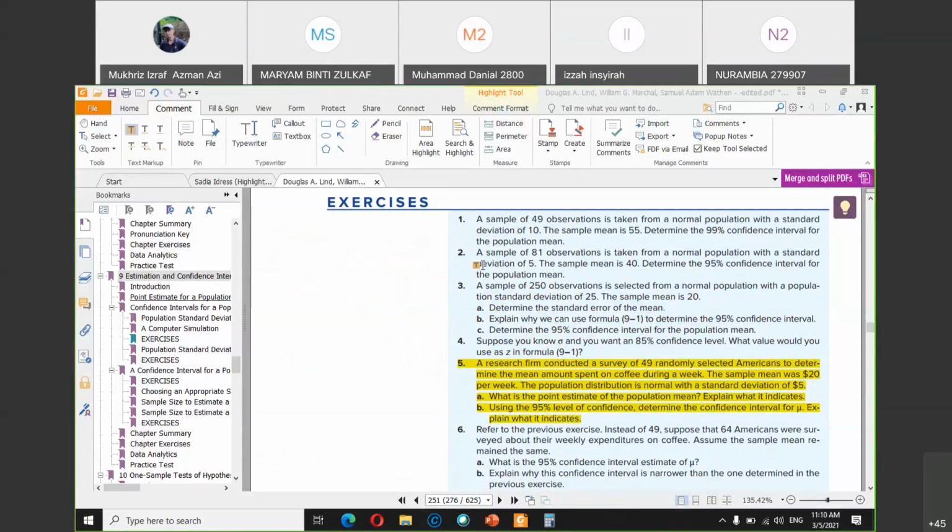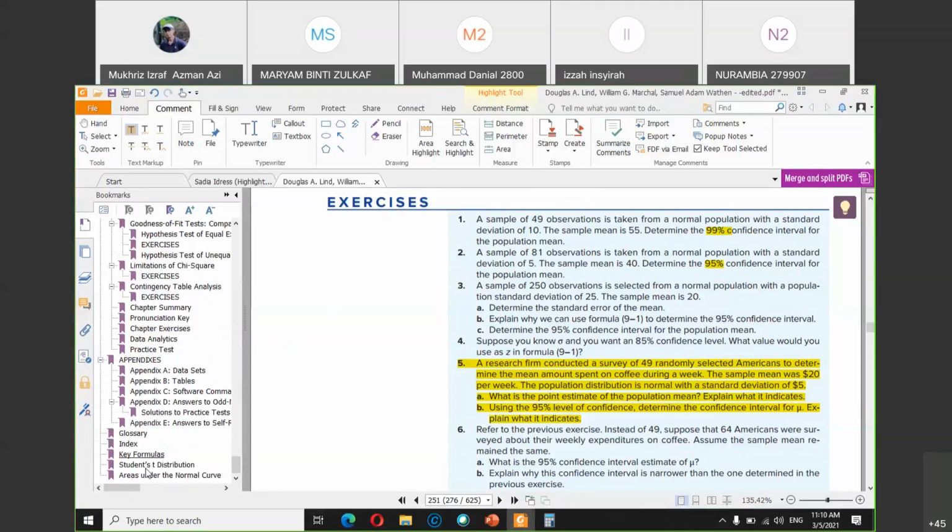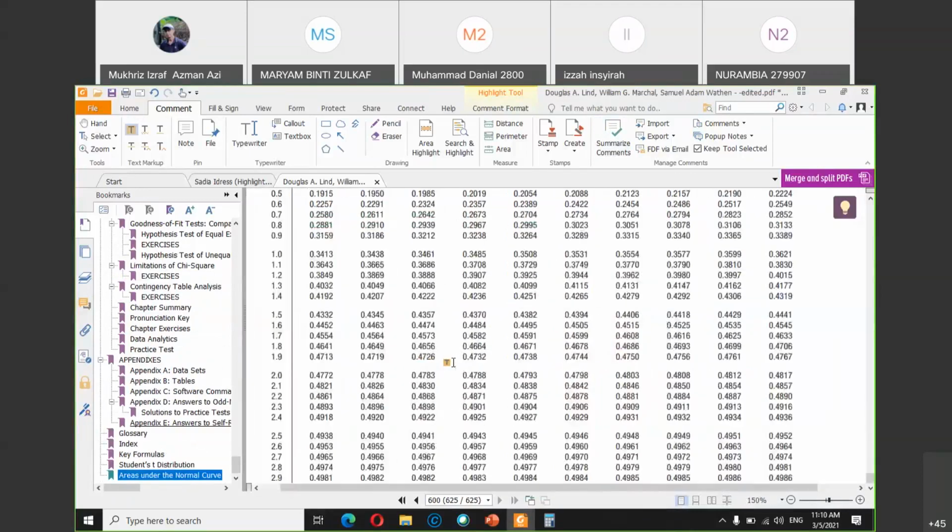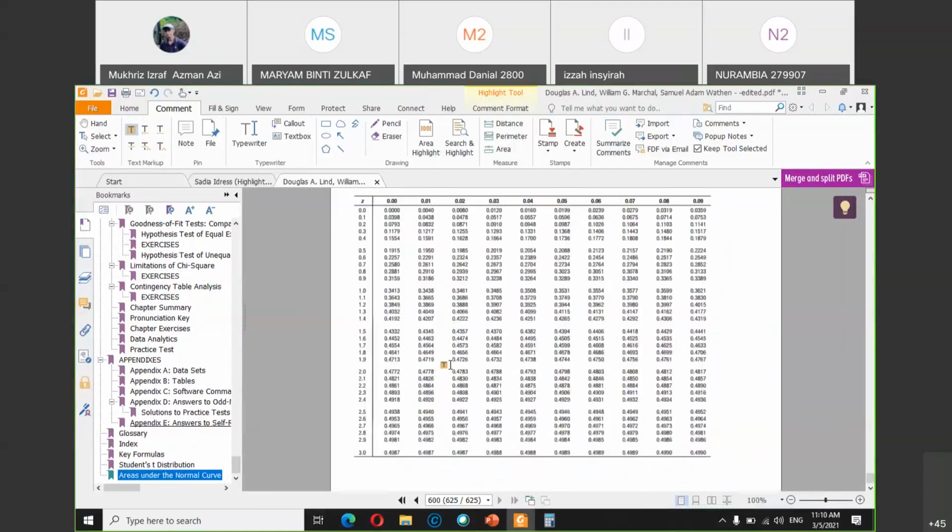For question number 2, it will be the same. So 95% is again 1.96. What about 99%? So how do you determine the Z value for 99%? If you refer to the table, recall just now, 99% means that the area under the curve will be 0.99.